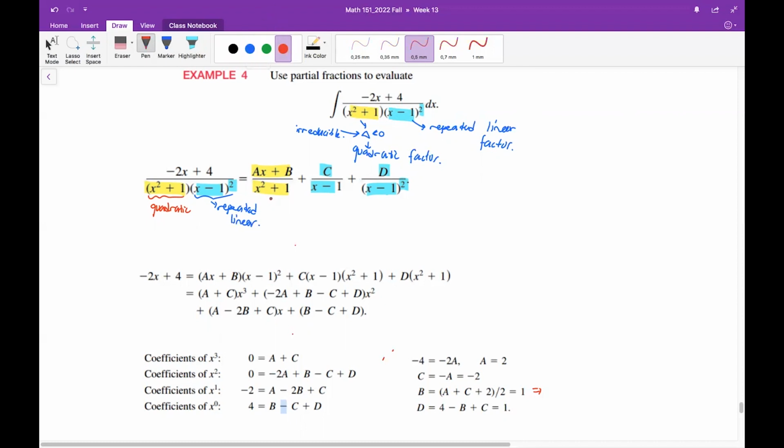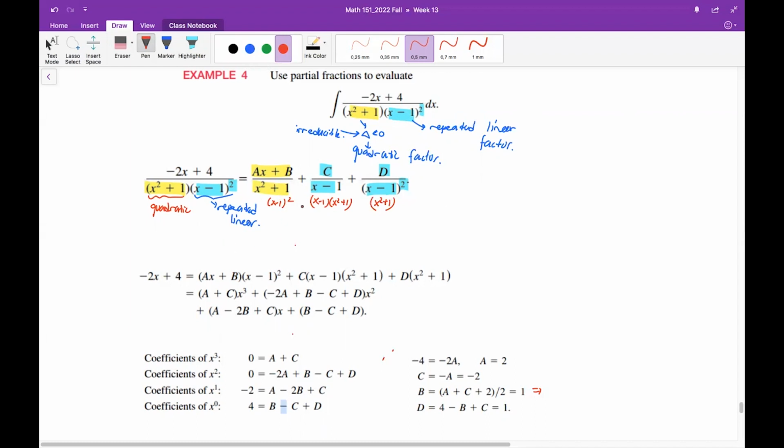And now we need to expand to find the coefficients A, B, C, D. This should be expanded by this one. This is missing there, and x squared plus 1 is missing to obtain this common denominator. These two are missing. And for this one here, x squared plus 1 is missing.